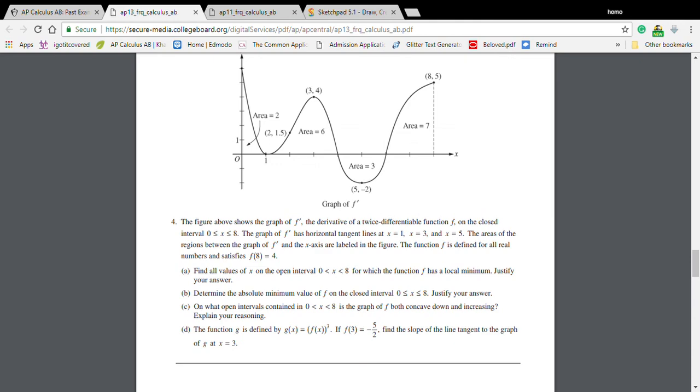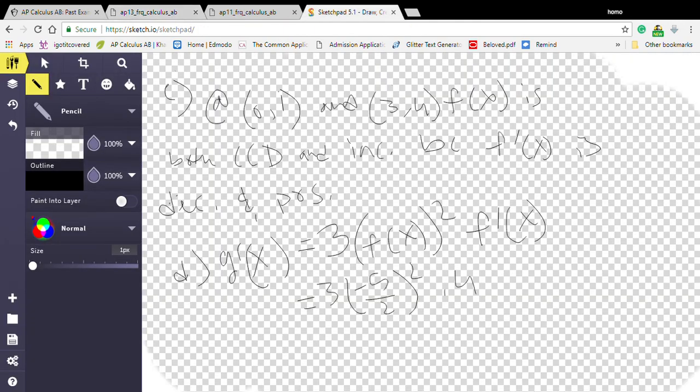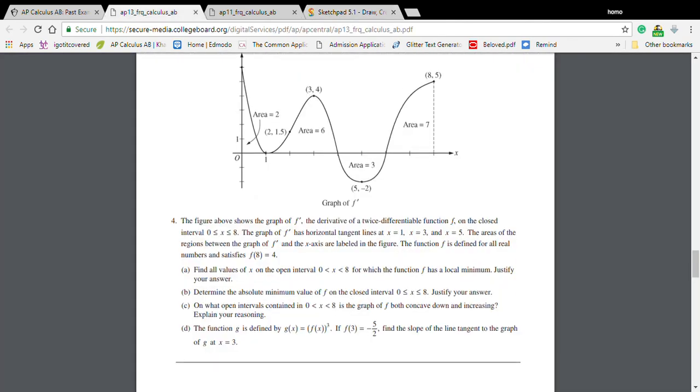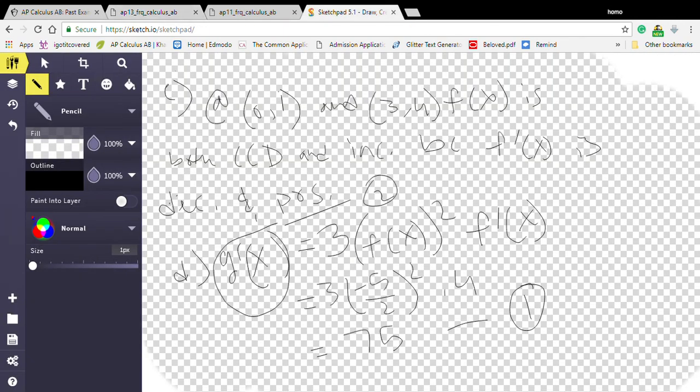We get the value from here, so it is 4, and then do the calculation and you get 75, and this is your answer. So you get 1 point for writing 75, doing the calculation correctly, but you get 2 points for showing that you know that you have to do g prime of x. So anytime they're asking for slope, we're doing g prime of x, and that's the answer.